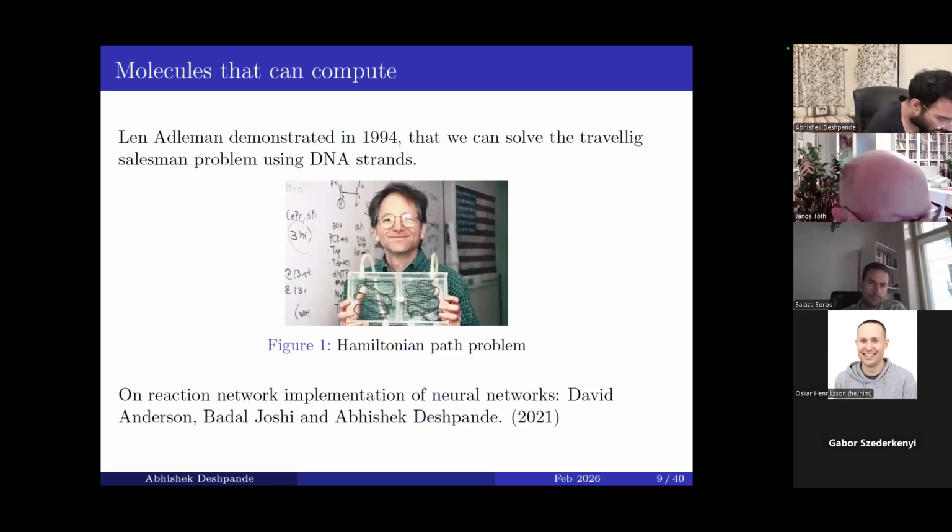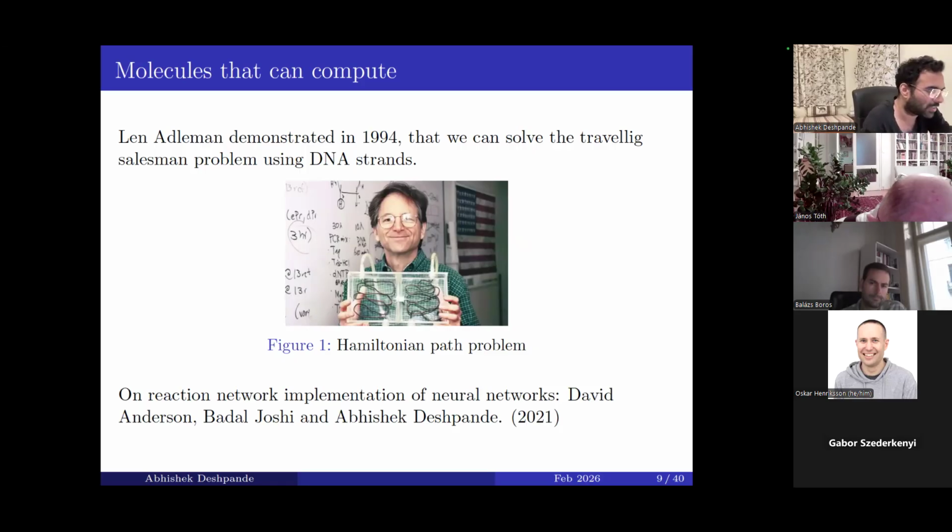And what I want to turn my attention to now is that the idea of using molecules to perform computation is not new, right? It goes back many years. One of the first instances was Len Adleman, who demonstrated in 1994 that one can solve the traveling salesman problem using DNA strands.